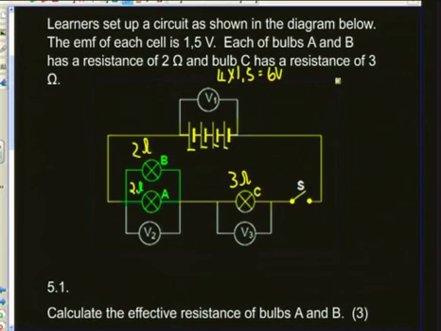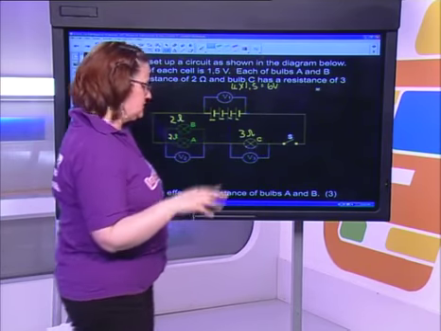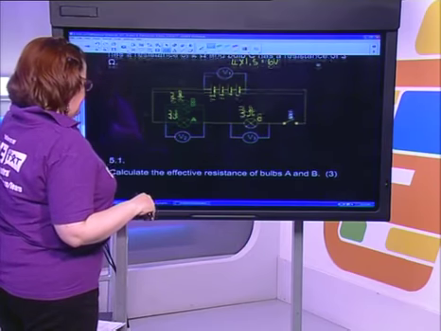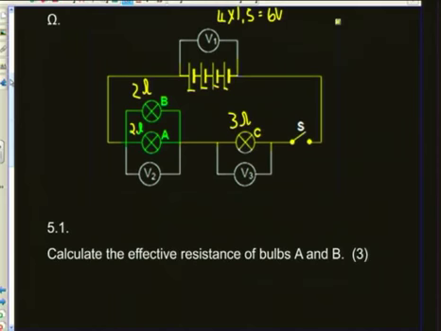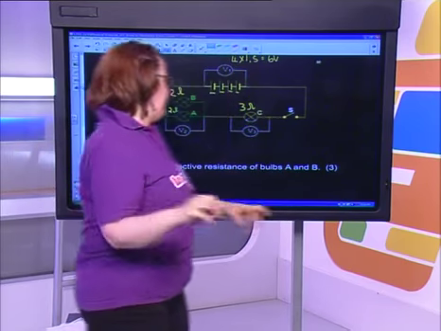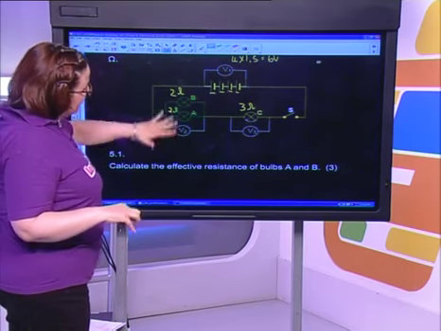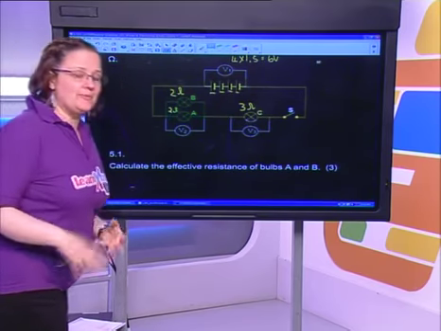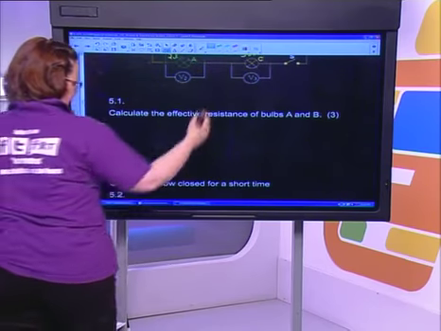Now, I don't put any current going through the voltmeters because the voltmeters don't take the current, they measure the potential difference. First thing, calculate the effective resistance of bulbs A and B. I know the switch isn't closed. What they're asking here is, if I had to take bulb A and B out and replace them by a single bulb or one resistor that would do exactly the same thing, what would that resistance be?